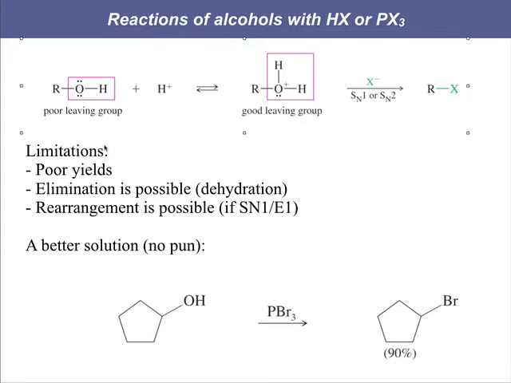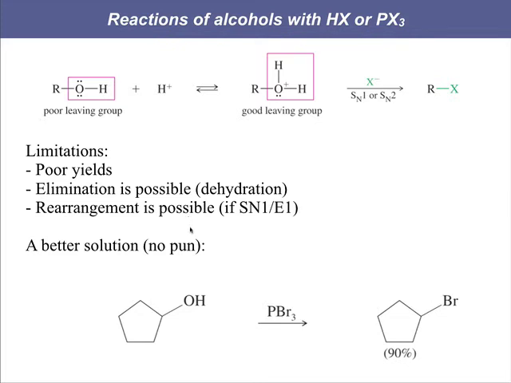So there's a lot of reasons to try to avoid these types of pathways where you turn a poor leaving group into a good leaving group like a tosylate and then do a displacement. A more direct way to do it, doing it in one step instead of first going through your tosylate intermediate or your water leaving group intermediate, is to react it with PX3.